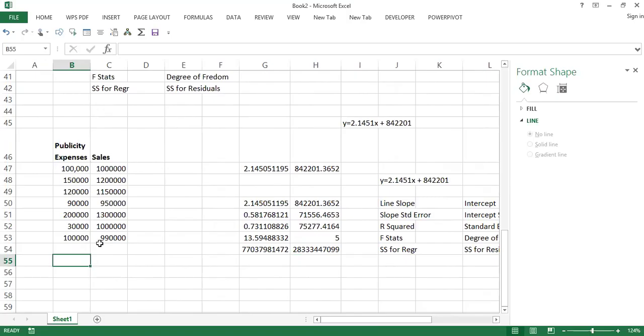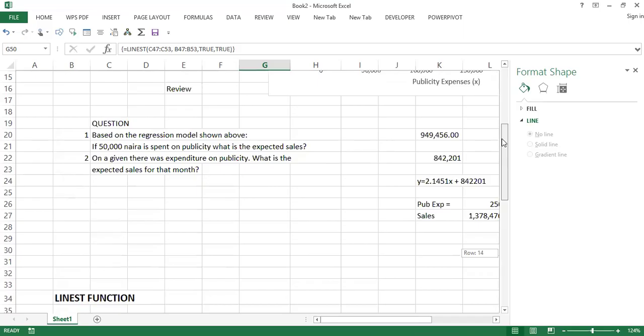So that's how you do regression analysis using the LINEST function for linear regression.